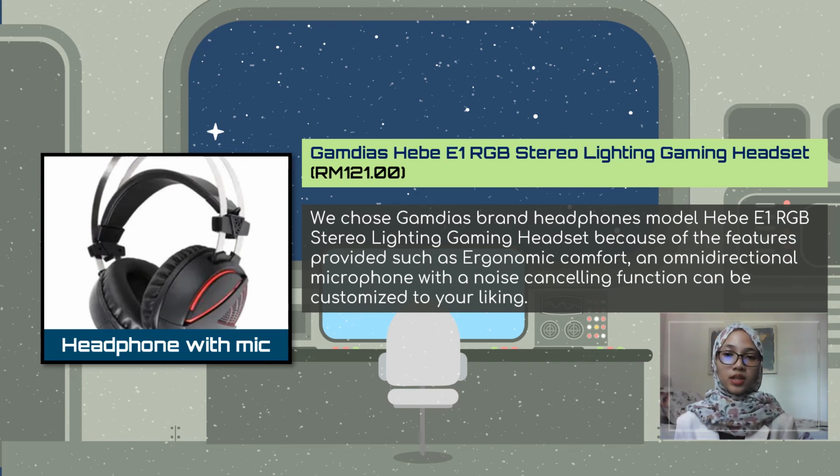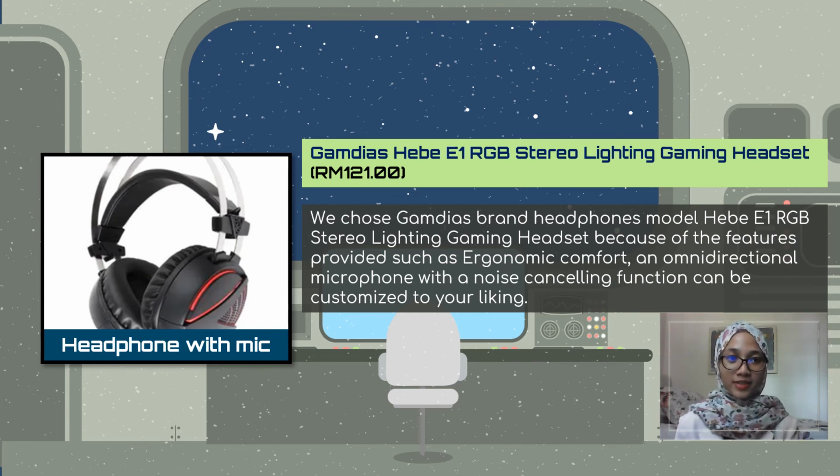So she need to focus while learning or game, so she need to put on her headphone. That's why we suggest this headphone. It is an ergonomic comfort so it is suitable for her as a student. It also comes with microphone, so she does not need extra mic to communicate during online class or while in game with her friends.